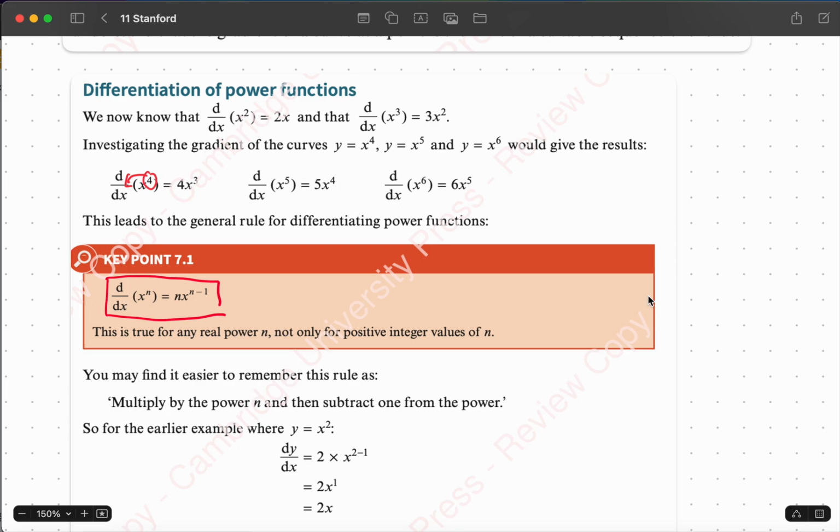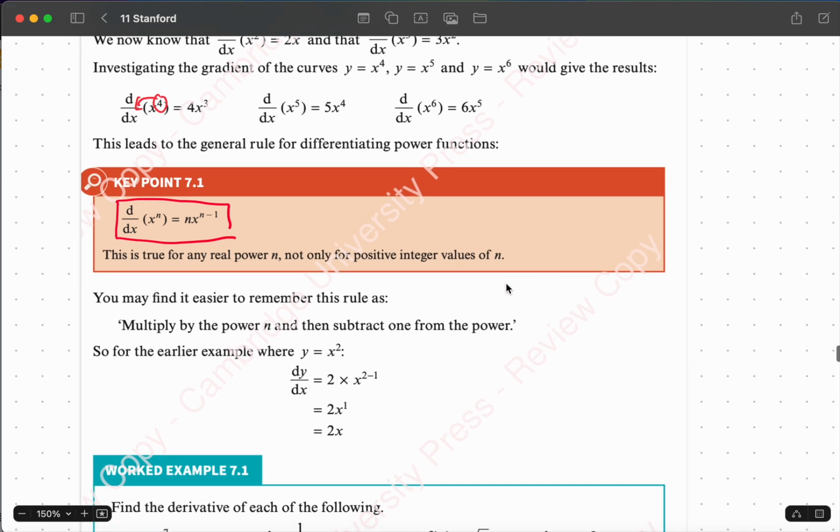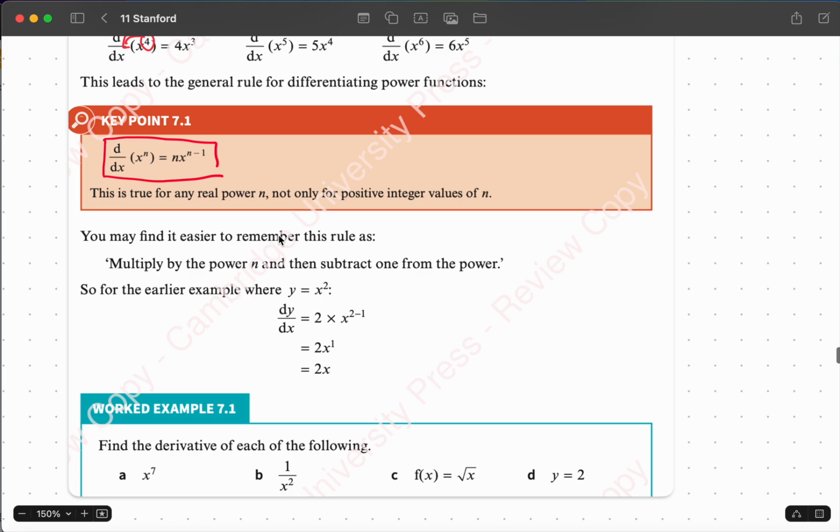Even if the power is negative or a fraction, we can apply this formula. You may find it easier to remember this rule as multiply by the power of n, then subtract 1 from the power.